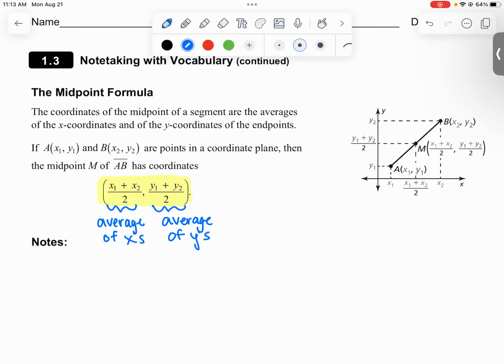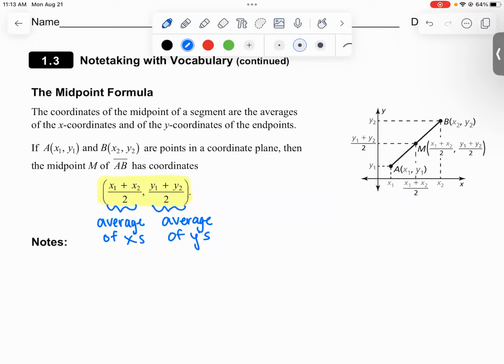If I start at 2 and I end at 6, I know my middle is going to be 4, because 2 plus 6 divided by 2, that's how we would find the average. So when you're asking for the midpoint, you're going to take the x's and find the average. You're going to take the y's and find the average.